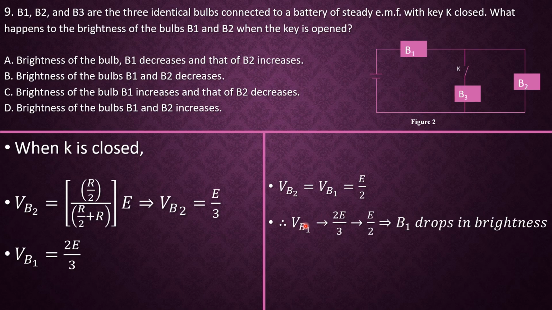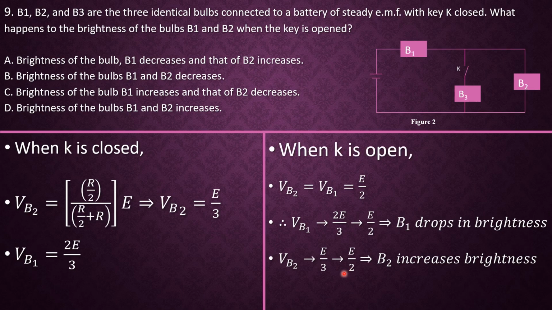So VB1 moves from 2E over 3 to E over 2, which implies that B1 drops in brightness because the PD across B1 has dropped. VB2 moves from E over 3 to E over 2, so B2 increases in brightness because the PD across it has also increased. And so our answer is A.